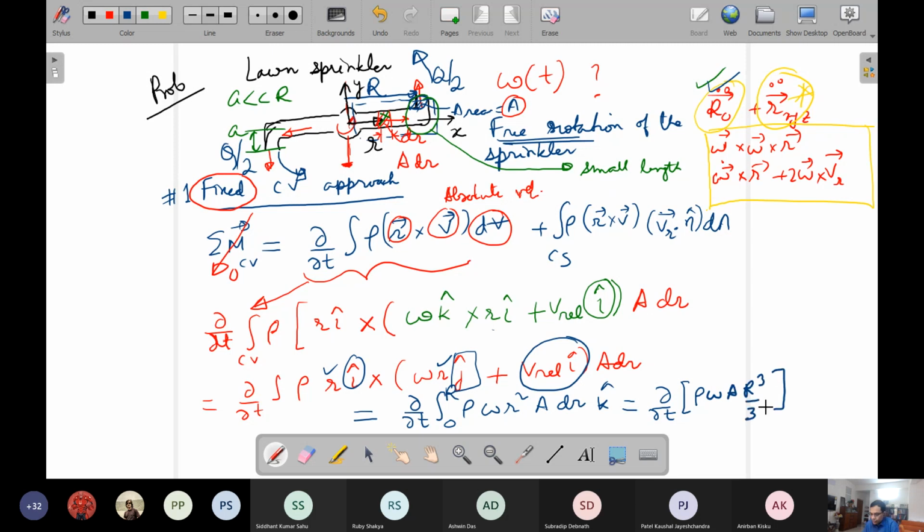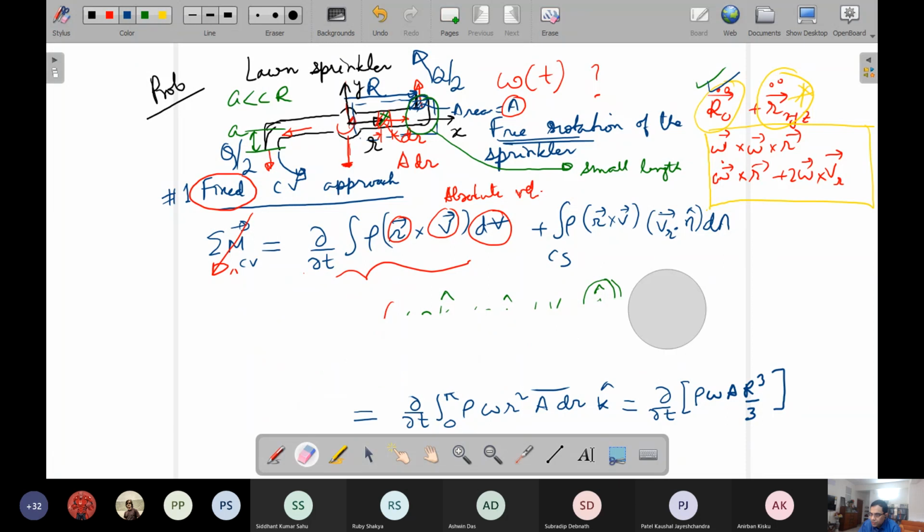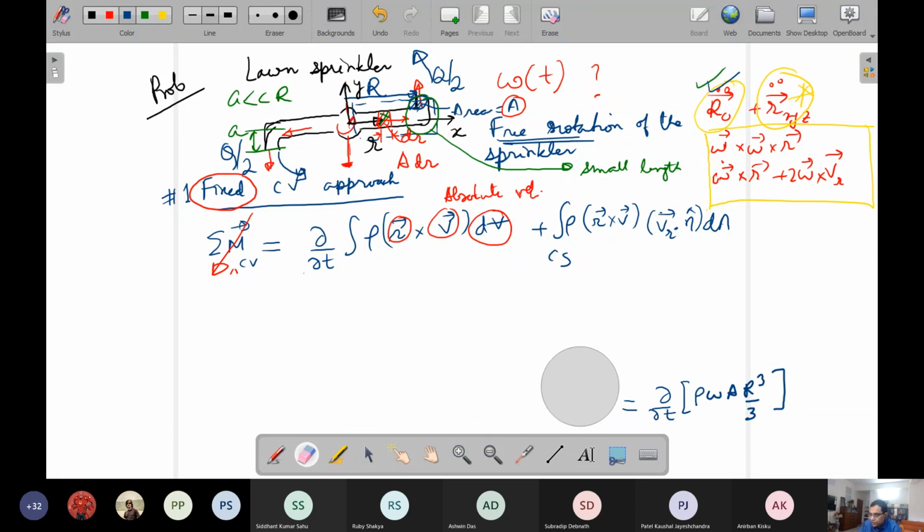That is the final manifestation of this term. We'll keep this in mind so that when we unite it with the other term, that is the second term or the area integral term, we will use this. So let me erase this part, except the final expression of term 1, that I just keep here separately.